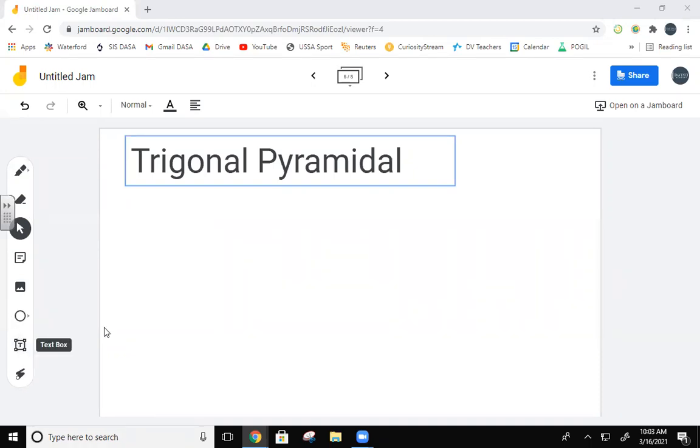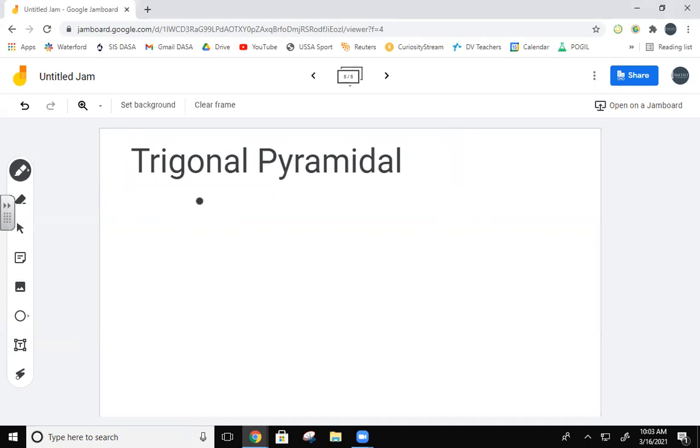Well, a pyramid has a bottom and then 3 or 4 sides. So a trigonal pyramidal is a pyramid with 3 sides and a bottom. Okay?